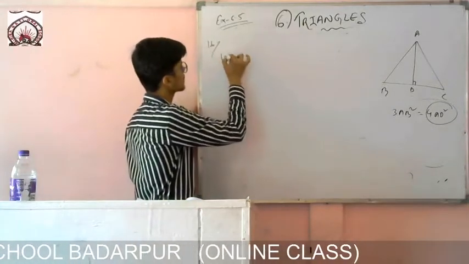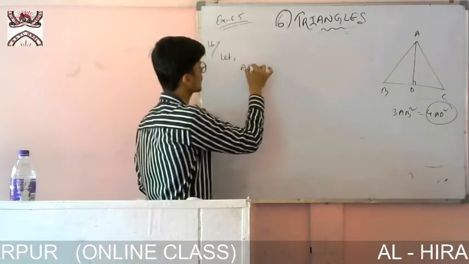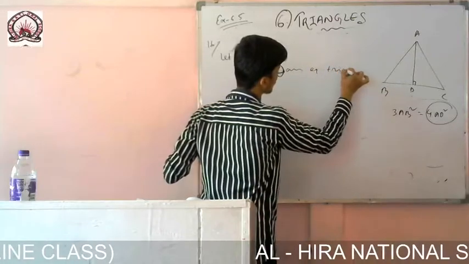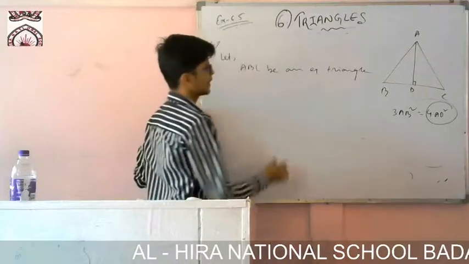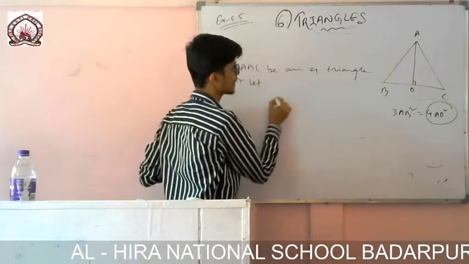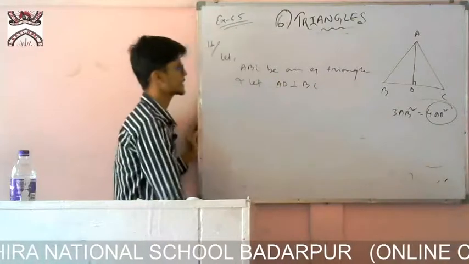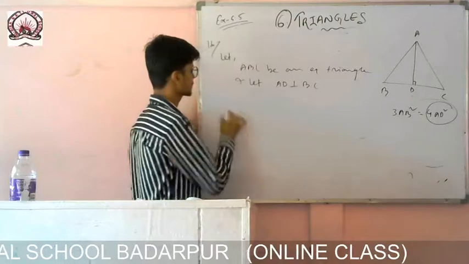So let us take a triangle, let ABC be an equilateral triangle. You write, let ABC be an equilateral triangle, and let AD be perpendicular to BC. Okay.